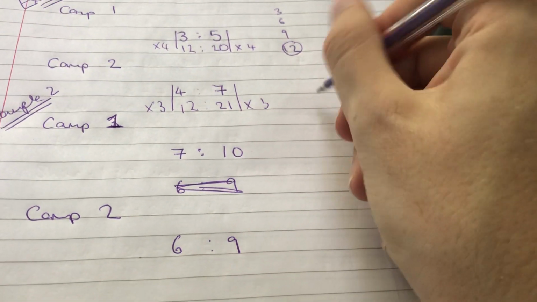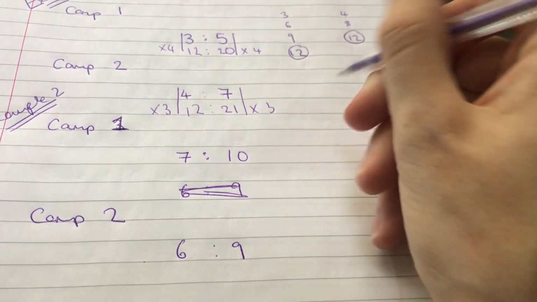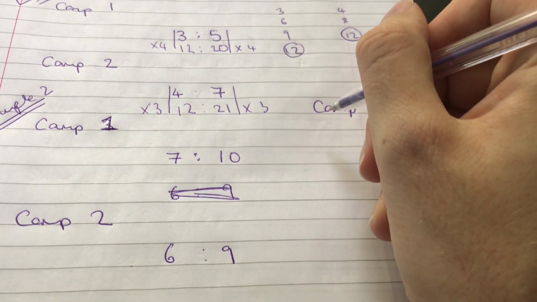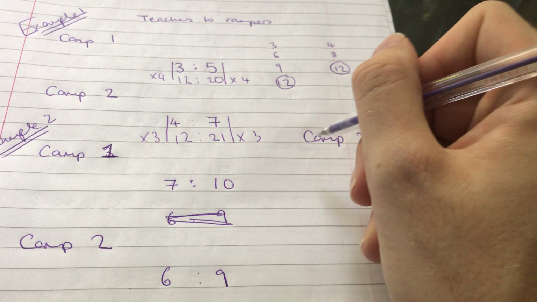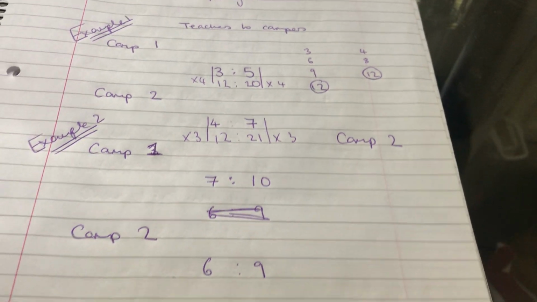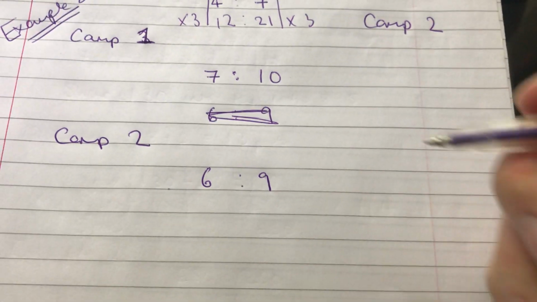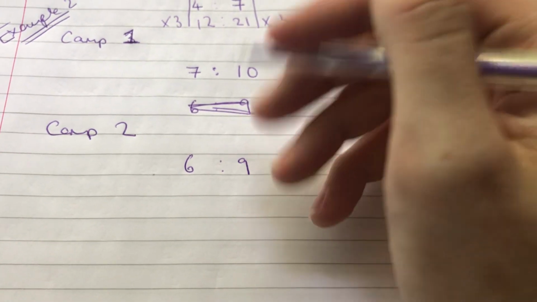That would be, because 21 pupils versus 20, Camp 2. Great.